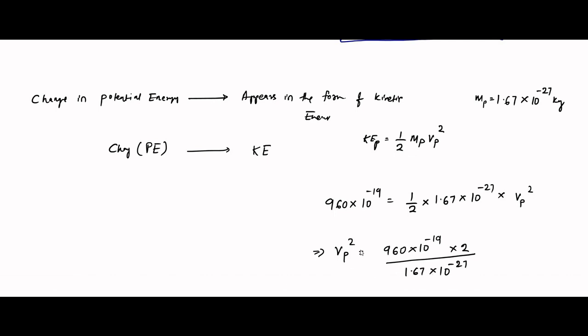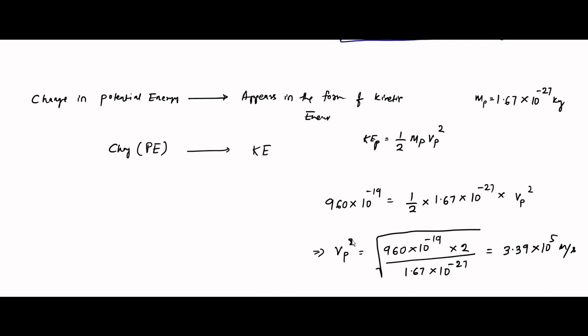Vp will be the square root of this, which is coming as 3.39 or 3.4 we can say, into 10 to the power 5 meters per second.